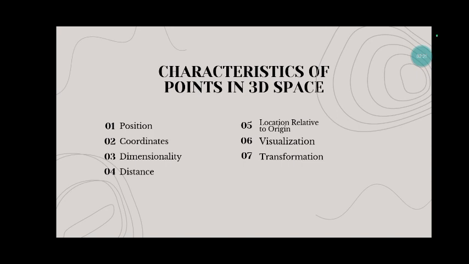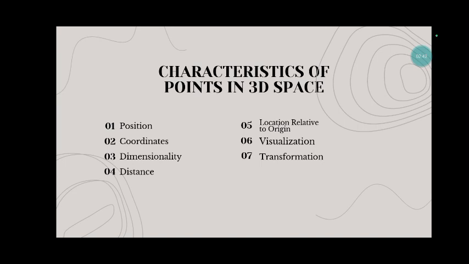Distance. The distance between 2 points in 3D space can be calculated using distance formulas such as Euclidean distance, which measures the straight line distance between 2 points. Location relative to origin.